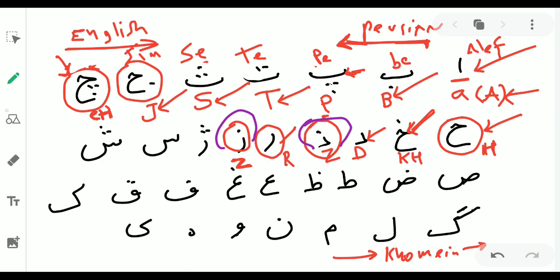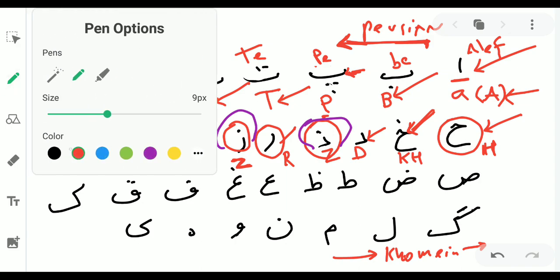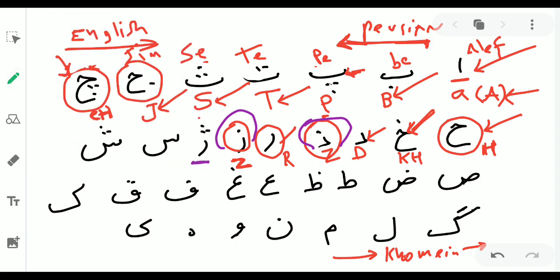Then we have this one, which is equivalent to ZH in English. I write it down here, ZH. Then we have S again, Sin, this one is S in English.